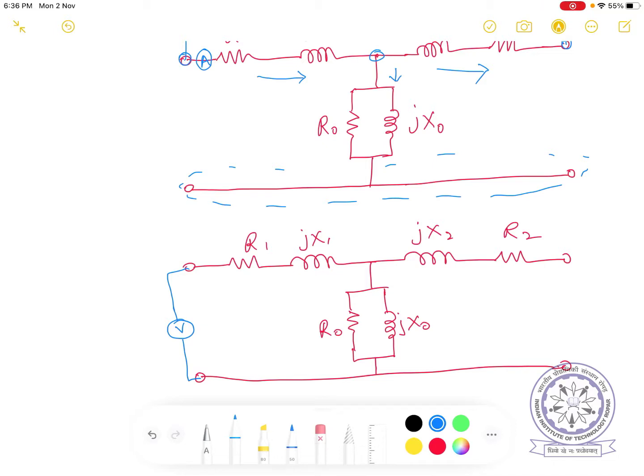The combined impedance of these two, this plus this, is known using the short circuit test, where R1 plus R2 and J(X1 plus X2) I have already obtained. Now we want to separate these two. So in order to separate, for example, we connect a voltage source like this and measure the current I.